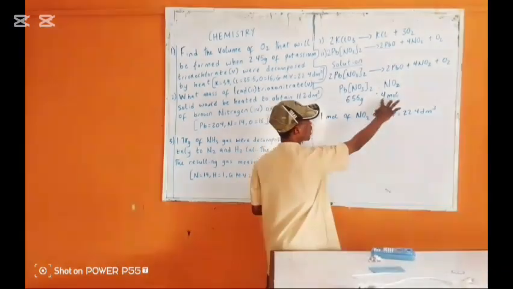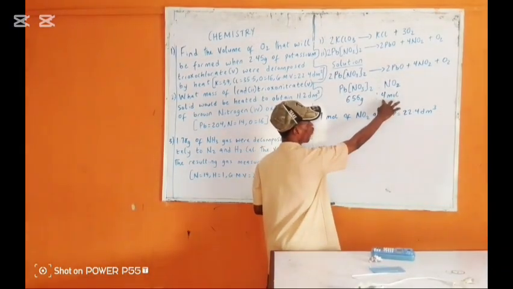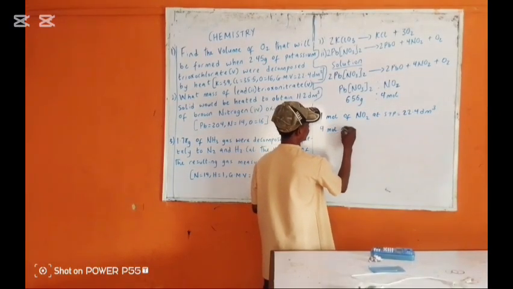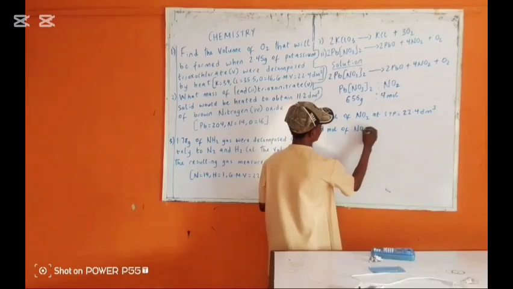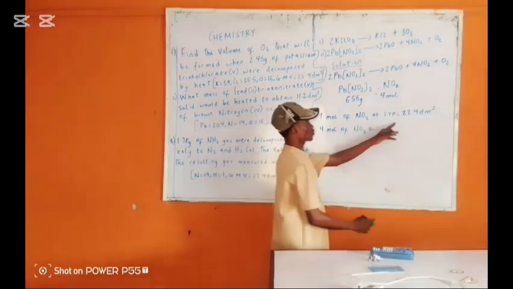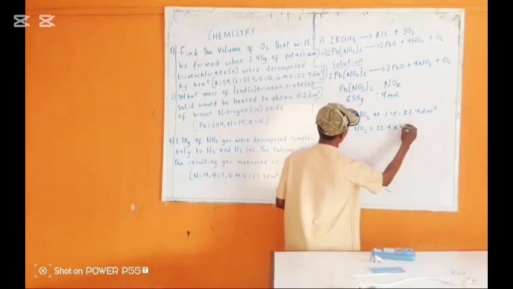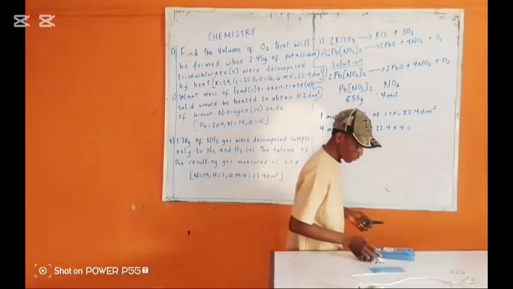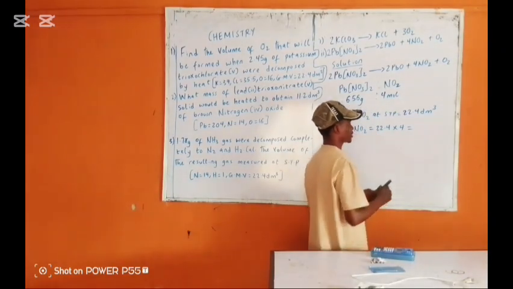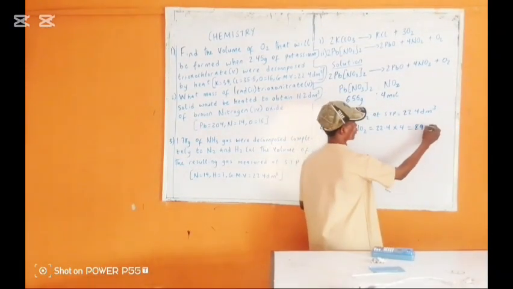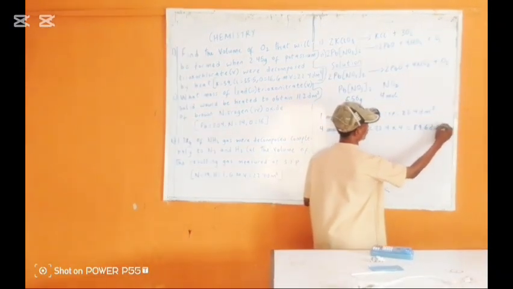But how many moles do we have here? We have 4 moles. So 4 moles of NO2 will be 22.4 multiplied by 4, which gives us 89.6 dm cube.